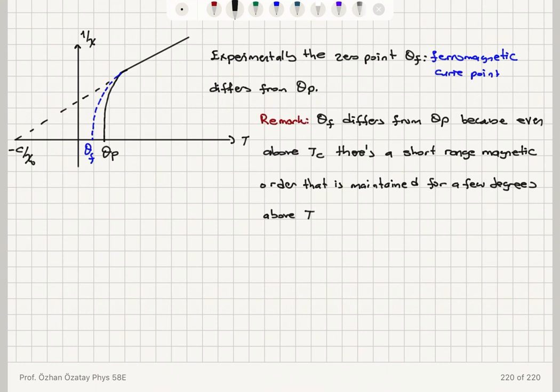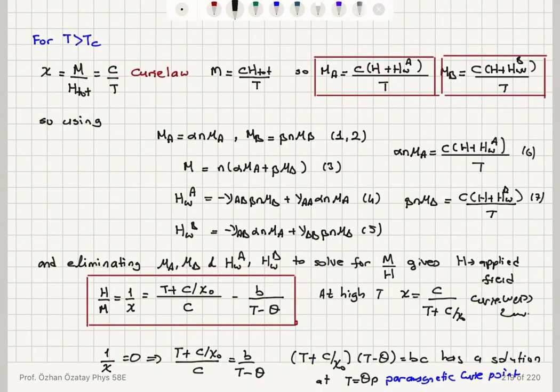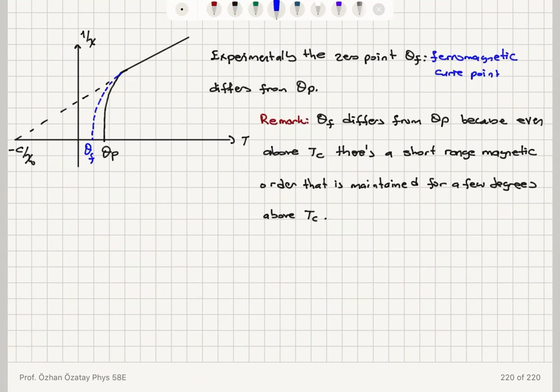The material is not homogeneous. We don't have the same coupling strength at all locations, so basically the true paramagnetic Curie point is a little bit higher than the ferromagnetic Curie point. So this is what we see for T greater than Tc.